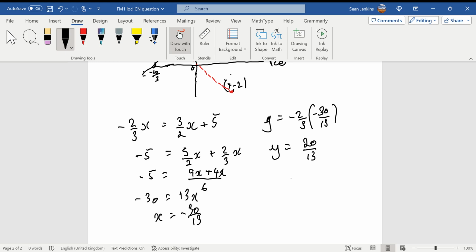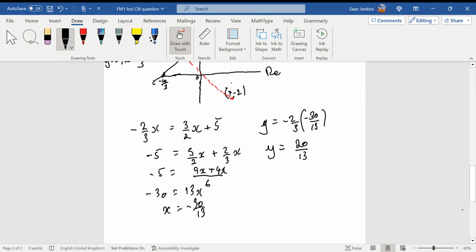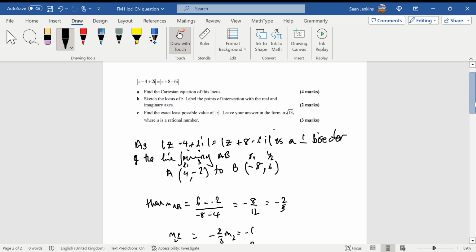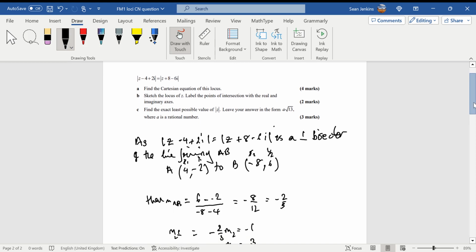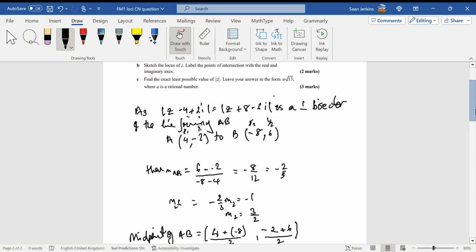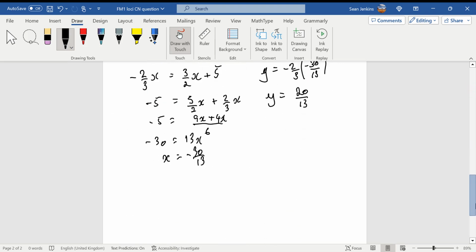So we have our values of x and y. Now we need to find the distance AB, because in our question it says find the exact least possible value of mod z. Leave your answer in the form a root 13, where a is a rational number.